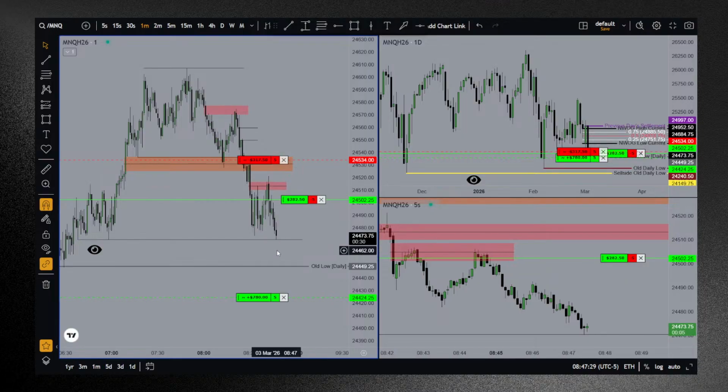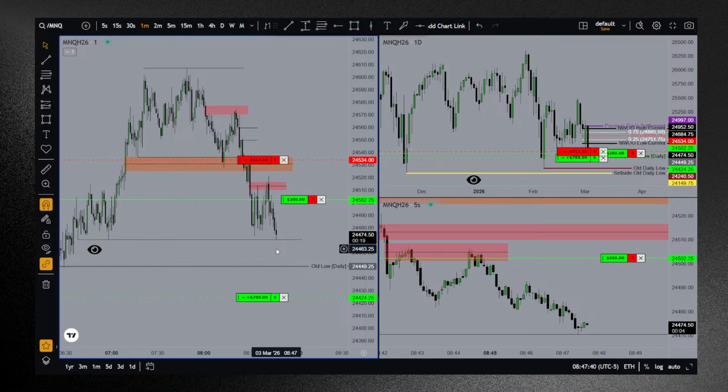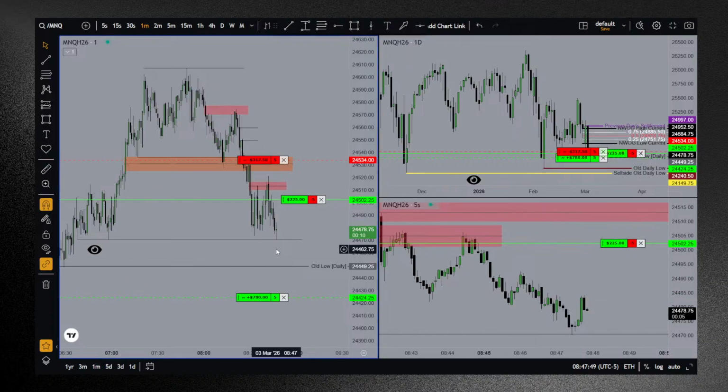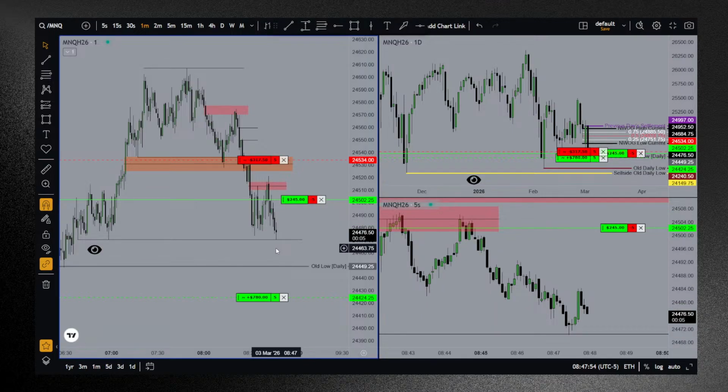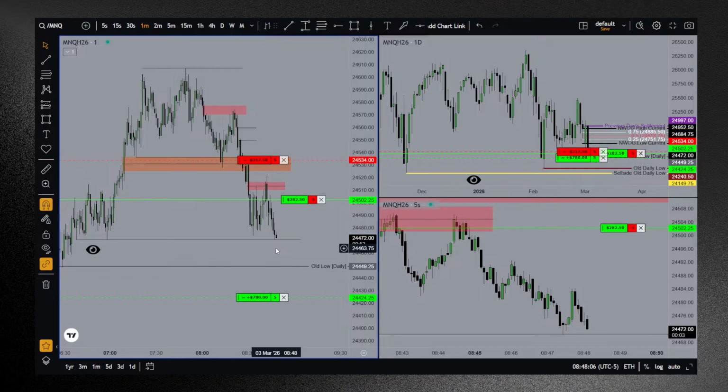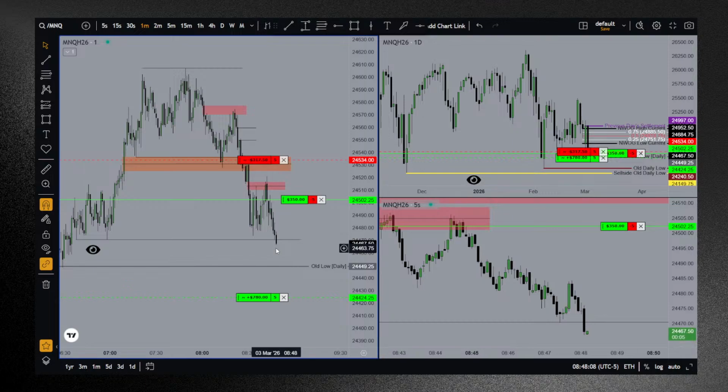I want to see it print below them. Alright, there we go.